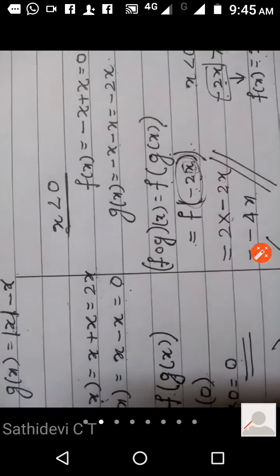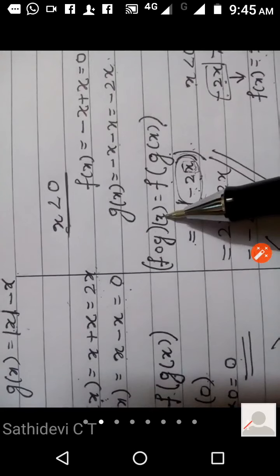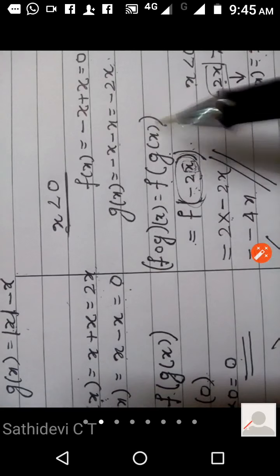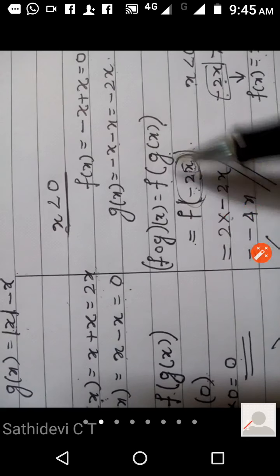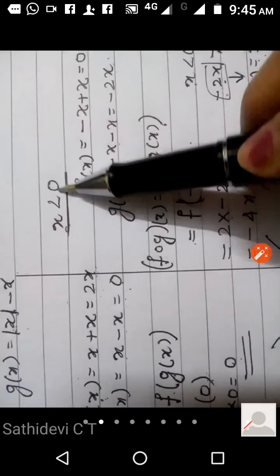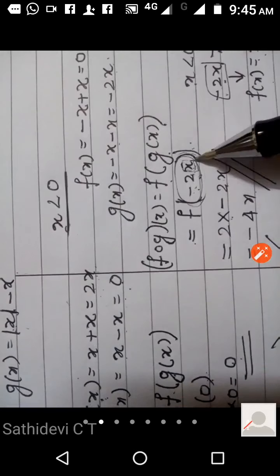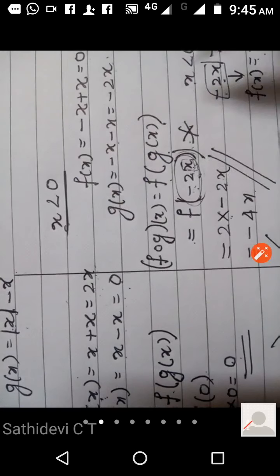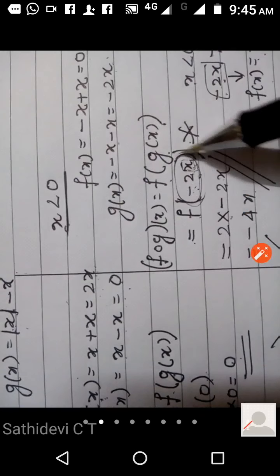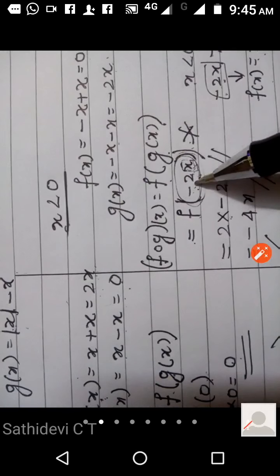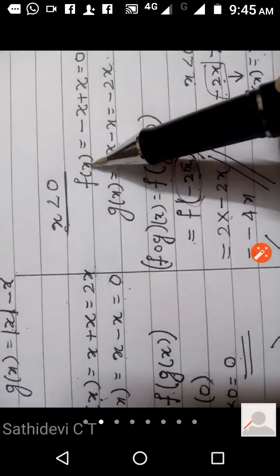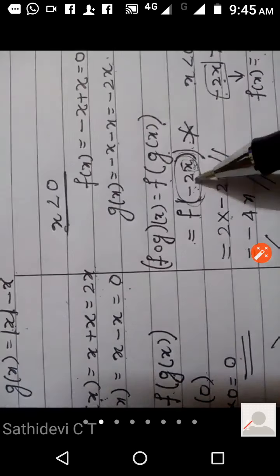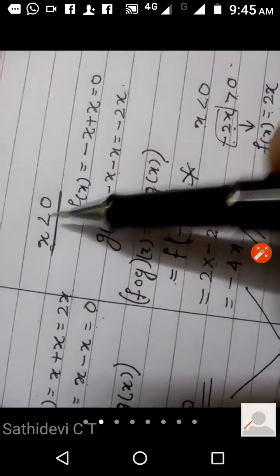Second part, f composite g operated on x equal to f of g of x. Directly you can put from this case g of x is minus 2x. And here comes the important, this step is very important. F is operator on minus 2x. So you should know whether our minus 2x is positive or negative, because I can apply this only if x is negative. So here we started with x less than 0.